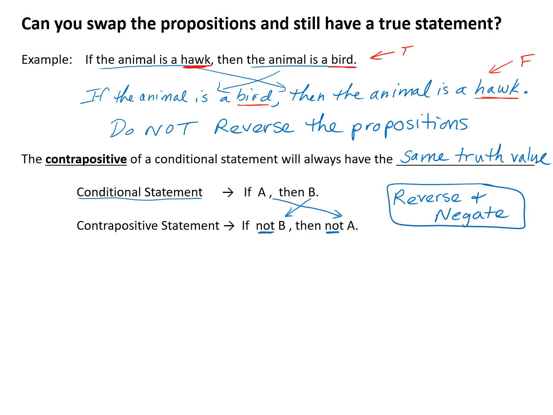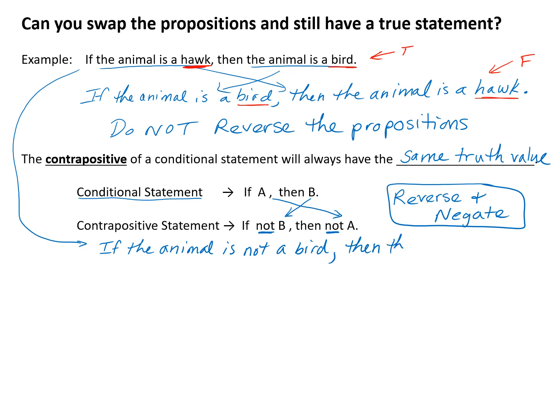So let's look at the example up above. If I reverse, I would say if the animal's a bird, but I'm going to negate it at the same time. If the animal is not a bird, then I'm going to say the animal is not a hawk.